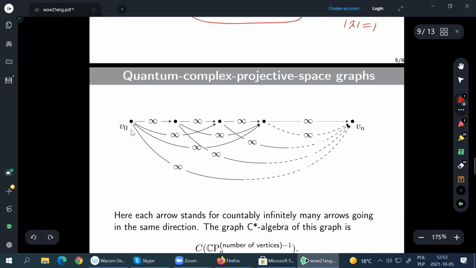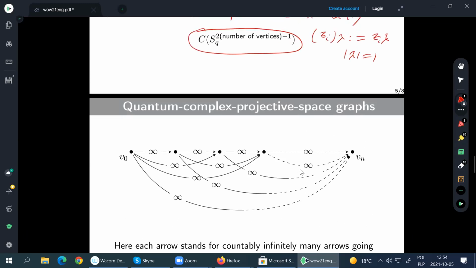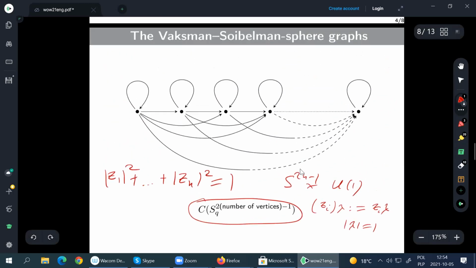Vertices are ordered from V0 to Vn, and from every vertex with a lower index to every vertex with a higher index, you have countably infinitely many arrows. Okay, so that's the graph that you have. And I know that this is not rigorous mathematics, but I cannot resist telling you this intuition.